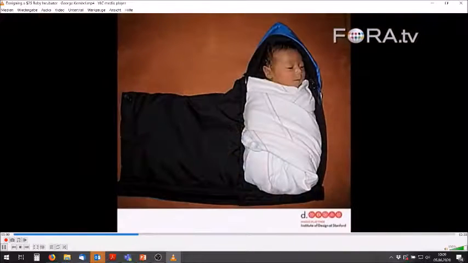What many people don't realize is that it is an incubator for premature babies who are born in places like Nepal. It was a student project in our extreme affordability class.